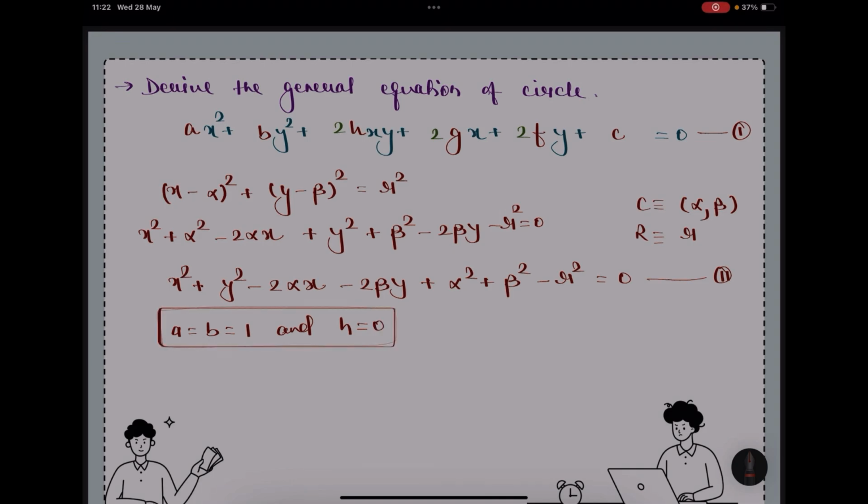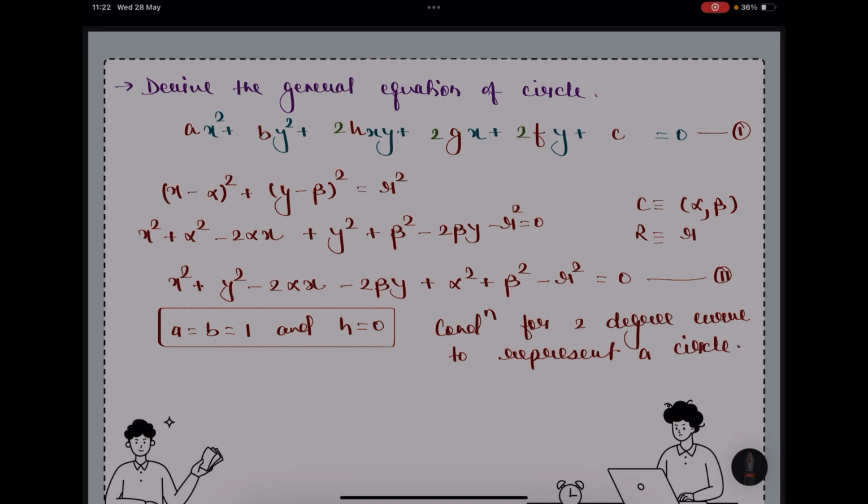Okay, so this is the condition for a 2-degree curve to represent a circle.